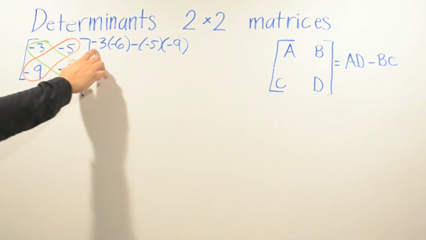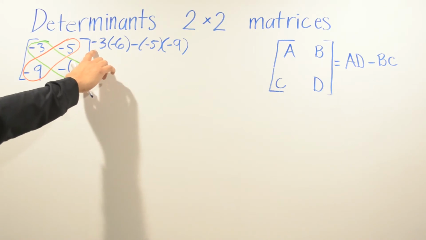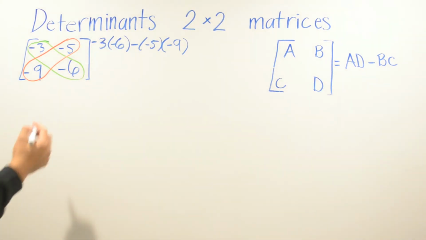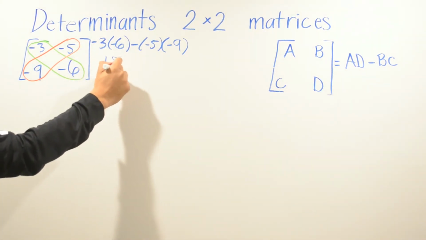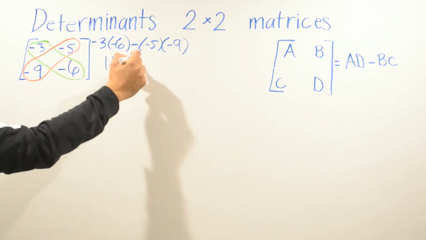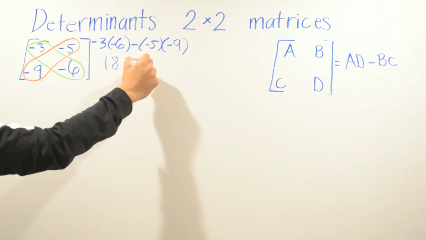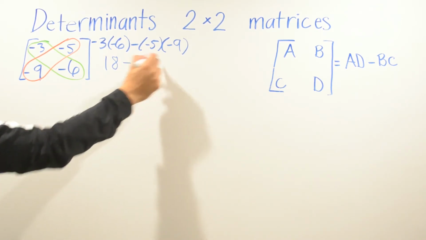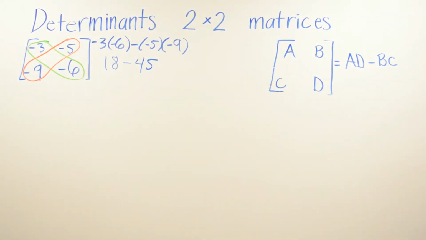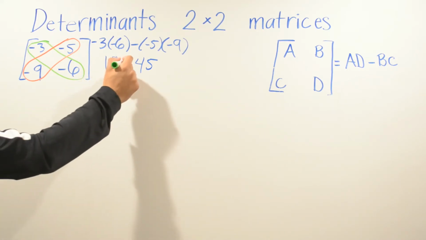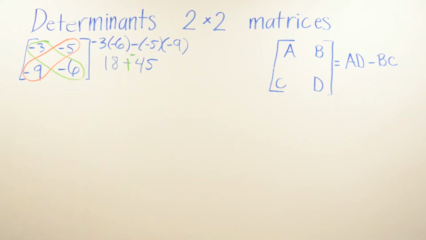So we're going to go ahead and multiply this. Negative times a negative is going to be a positive. 6 times 3 is going to be 18. 18 minus, negative times a negative is going to be a positive, so this is going to be 9 times 5, which is 45. Then you turn this positive and this negative.